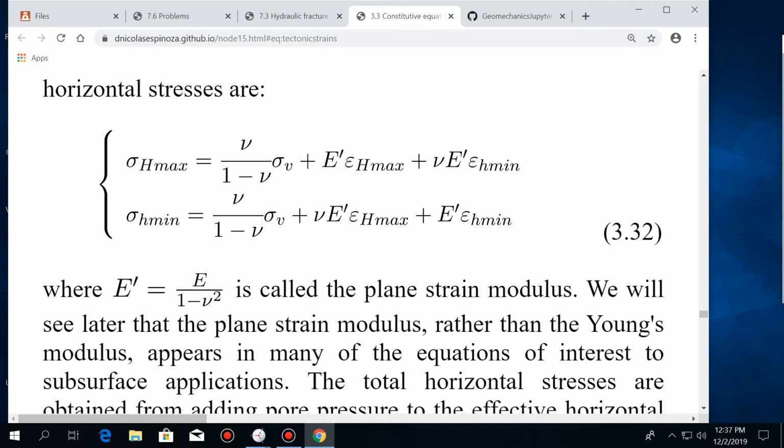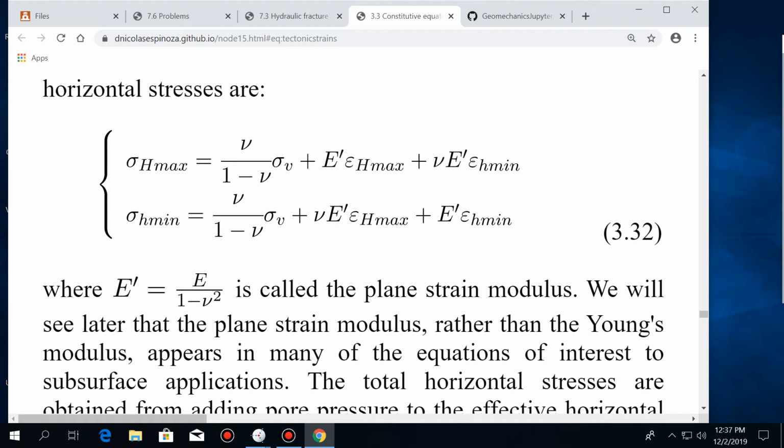Let's use the ones for sigma H max. Epsilon H, the plane strain, the rock, or the plane stiffness. Sorry.